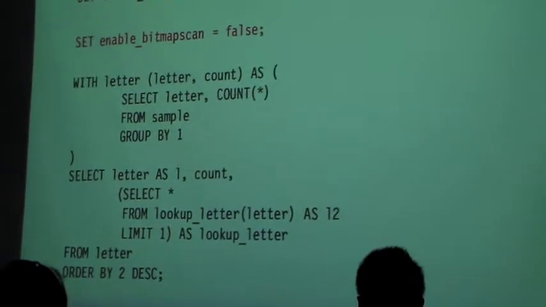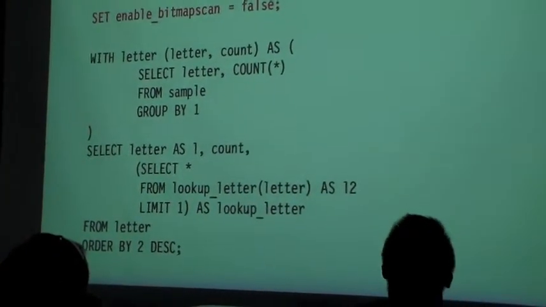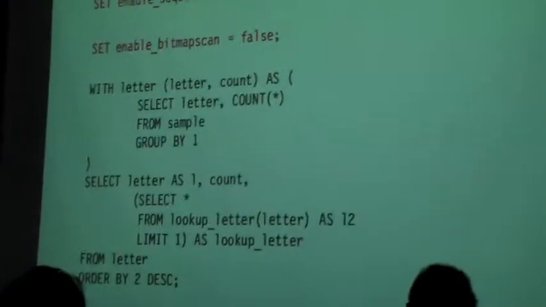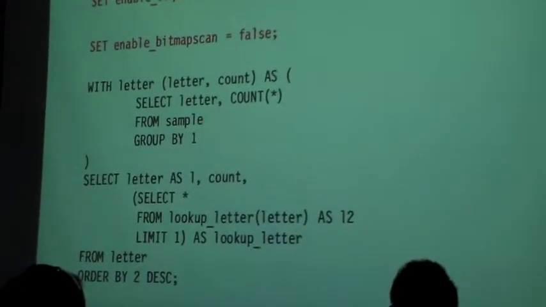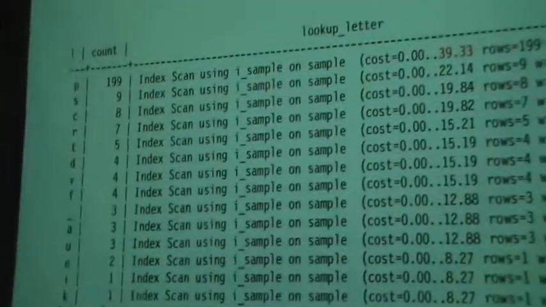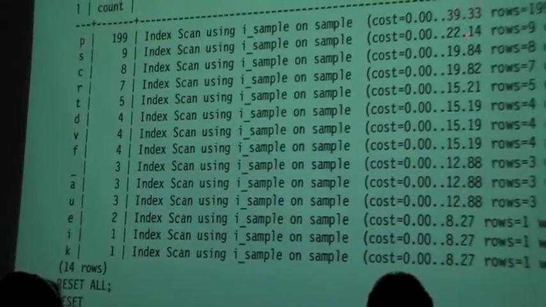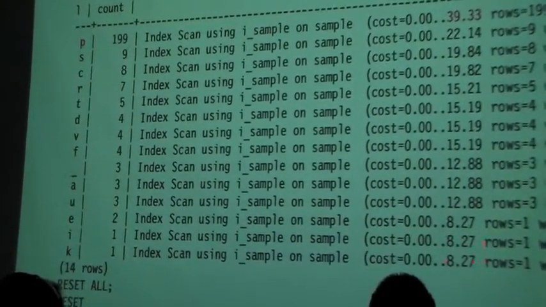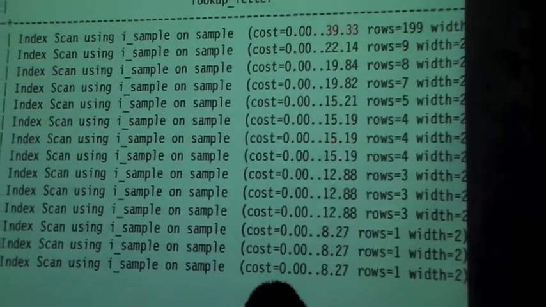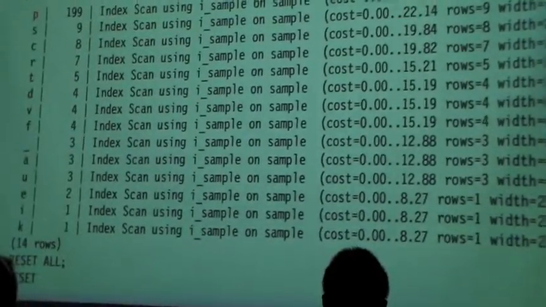I am going to turn off sequential scan with that top line, and turn off bitmap scan with the next line, and I'm going to run that again. And what you see is that when you look at the cost, the cost down here was around 12, it goes to 15, it goes to 90. Ends up when you get up here at 39.